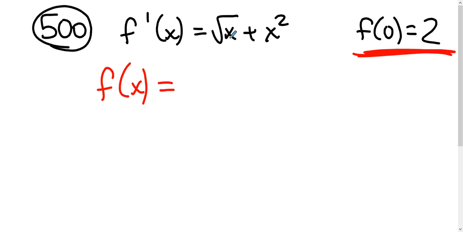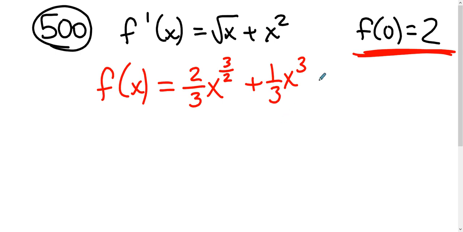Well, the antiderivative of x to the 1/2 is going to have x to the 3/2, because then the power decreases by 1. But then when we check ourselves, this 3/2 comes down in front. We don't want a 3/2. We want a 1 in front. So we need something that undoes that 3/2. And then similarly, the power goes up by 1. When the 3 comes down, we want something that neutralizes it. This neutralizes it. And as with all antiderivatives, there's a plus c.